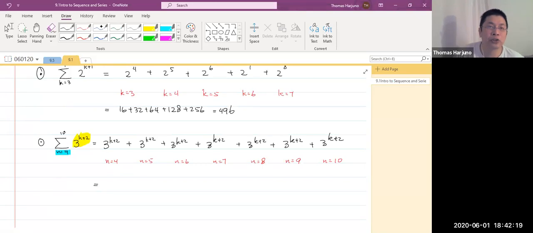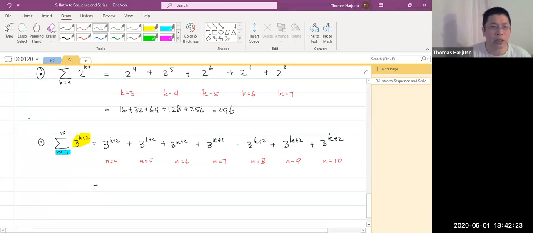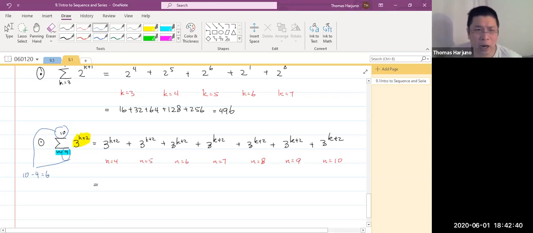The reason I ask you, to make you think and make you see, is this. It's clearly 7 terms here after I write them down. But some people try to do a shortcut, which happens to be an incorrect interpretation. Some people subtract 10 minus 4, that equals 6, and then say there are 6 terms. No, there are 7 terms.